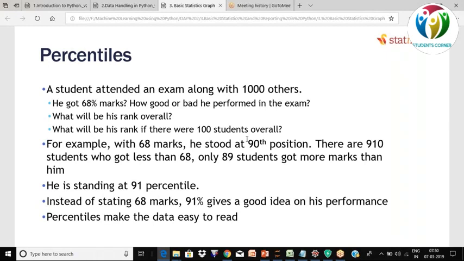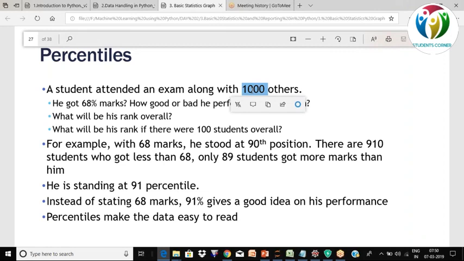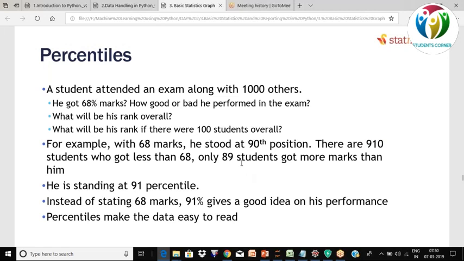Am I better now? Okay. So with 68 marks, he stood at 90th position out of these 1,000 people. That means those left 910 students got less than 68. So only 89 students got more marks than him.